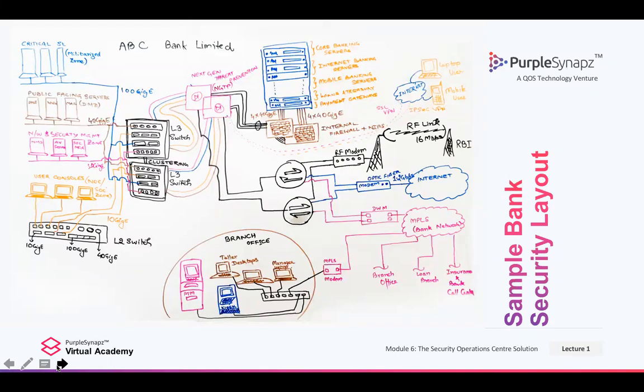Those routers terminate the internet for bringing in internet users or subscribers, and connect all the branch and third-party offices over the MPLS. All of them are now terminated on this router.